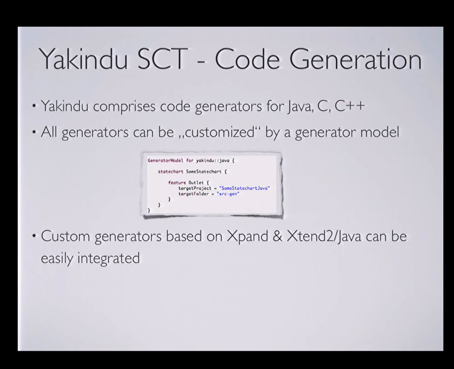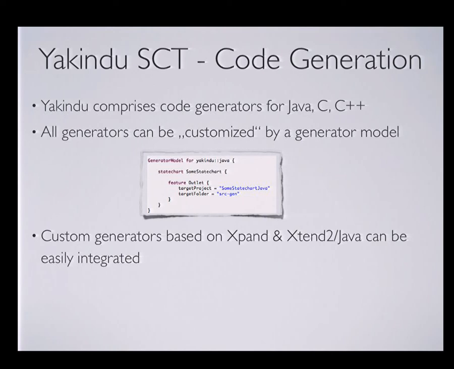So you can, for instance, specify the outlet where to generate the code. We also have features that let you specify how code gets inlined or anything else that the generator offers for built-in parameterization, so to say.